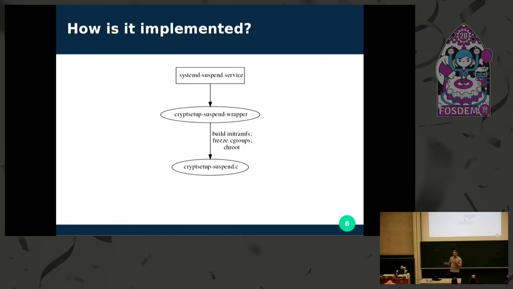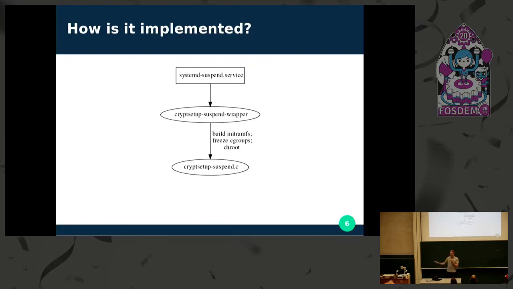Then we're using the unified cgroups hierarchy to transparently freeze all of your processes. Every cgroup has a freezer attribute, and we just call it to freeze. Something systemd tells you shouldn't do because it's interfering in all kinds of processes, but it seems to work quite well at the moment.